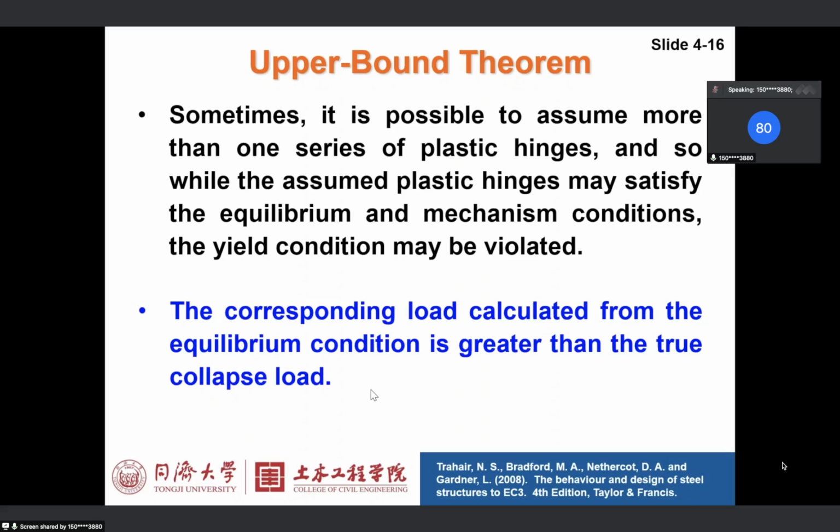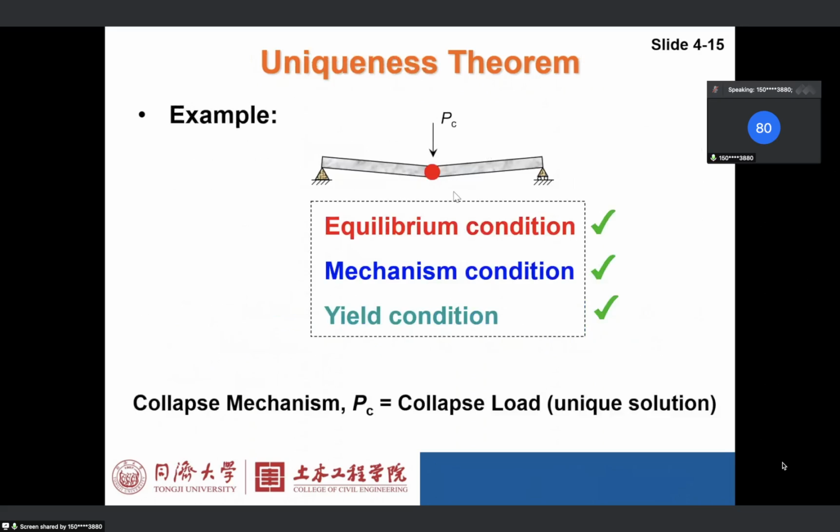For example, if this is a simply supported beam, and you assume plastic hinges happen here, then you will get PC, right? And this is the right and the unique answer. How about, say, I don't want plastic hinges here, I want plastic hinges here.